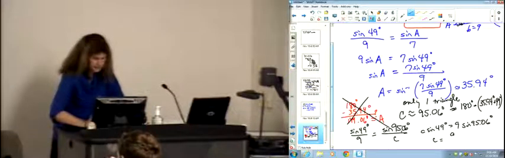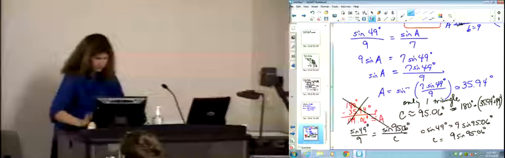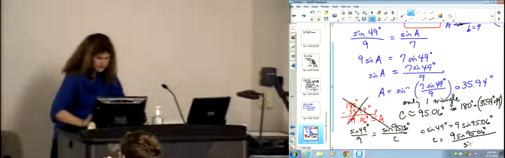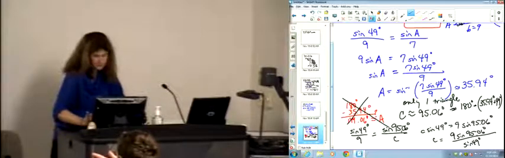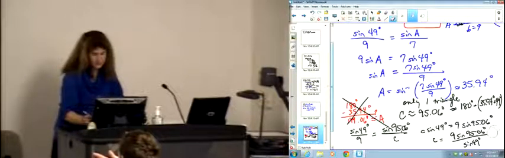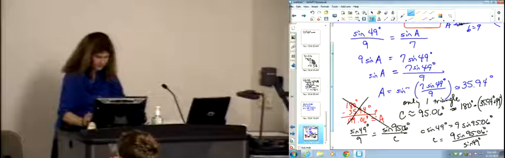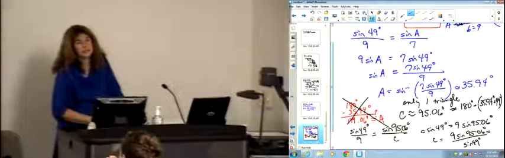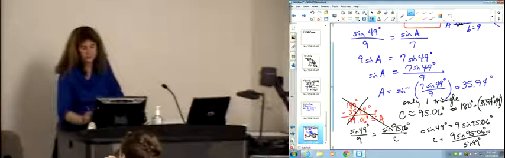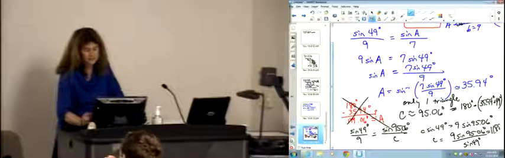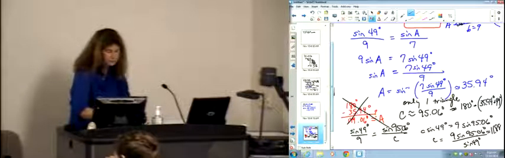So C is equal to 9 sine 95.06 degrees over the sine of 49 degrees. So what does that equal? Side C is what? 11.88. Thank you. So does that go in proportion up here?